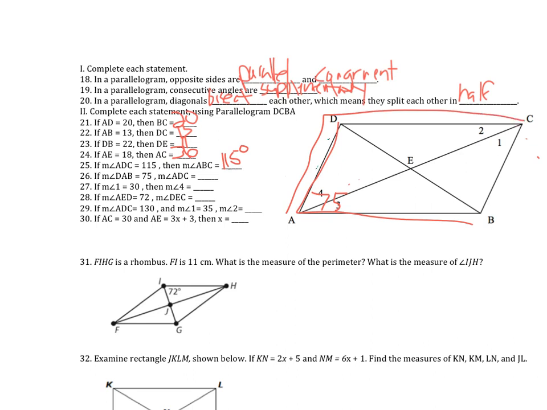Because they're not opposite angles, they're angles right next to each other. We call those consecutive angles. Consecutive angles in a parallelogram are supplementary, which means 75 plus x has to equal 180. Subtract that 75, and we get 105.